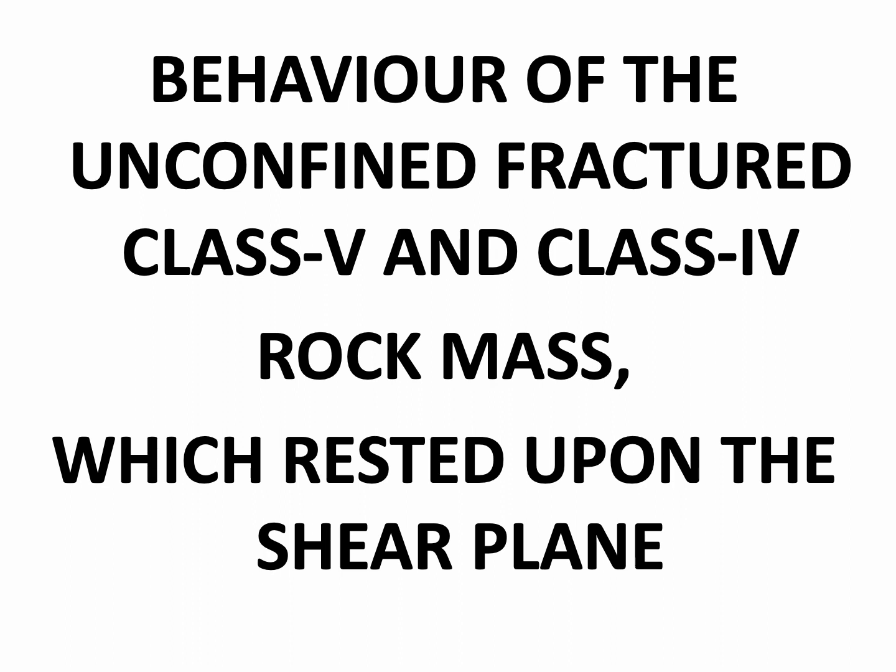Behavior of the unconfined fractured class 5 and class 4 rock mass, which rested upon the shear plane. So the fractured class 5 and class 4 rock mass got unconfined because of the side conditions, and such unconfined rock mass was resting on the shear plane.